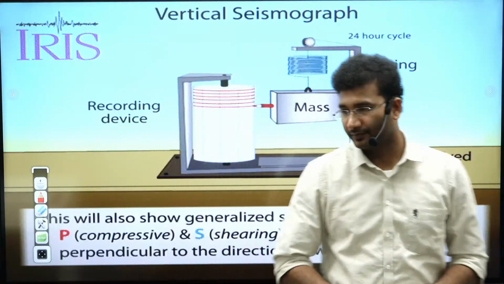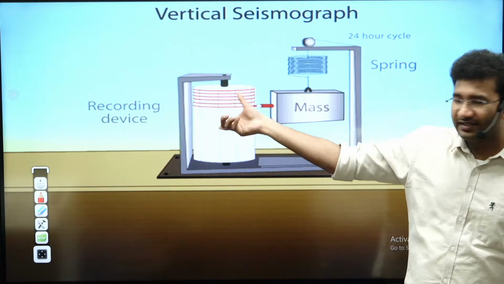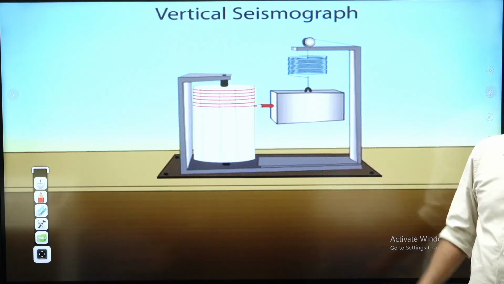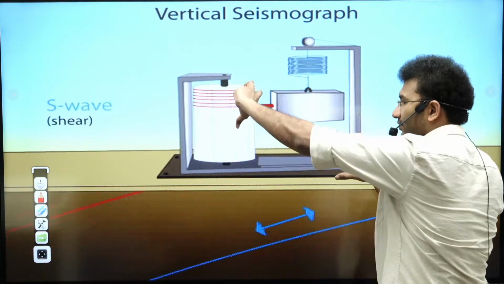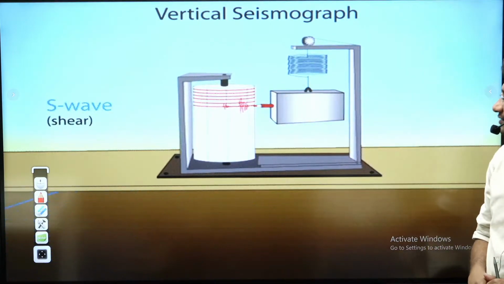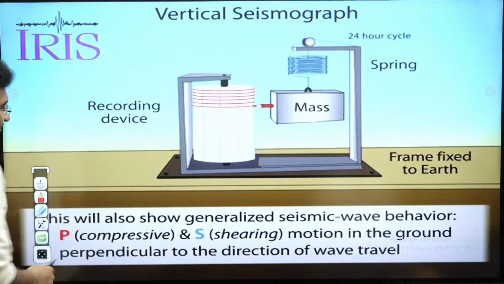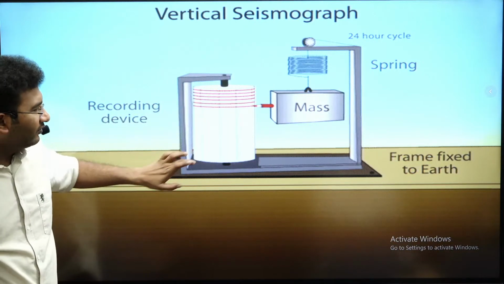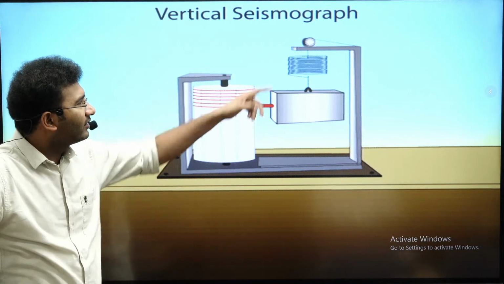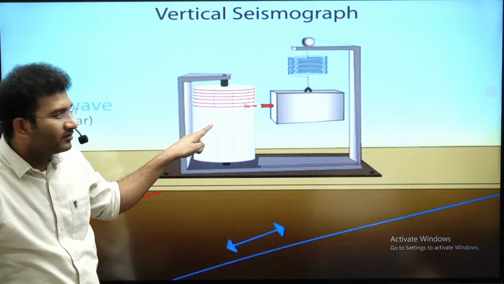This is how exactly a seismograph works. This is called a vertical seismograph. Nowadays a horizontal system is also there. I have taken this from IRIS. It will always be hanging. There is a hanging bar, and it always draws the graph.